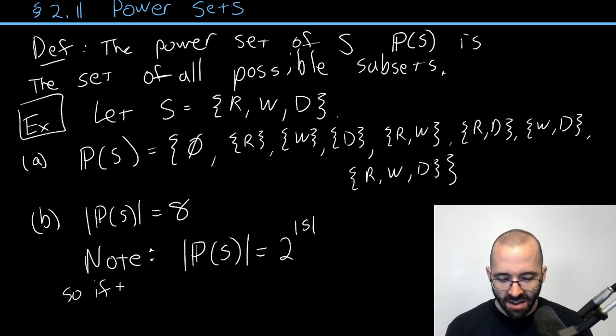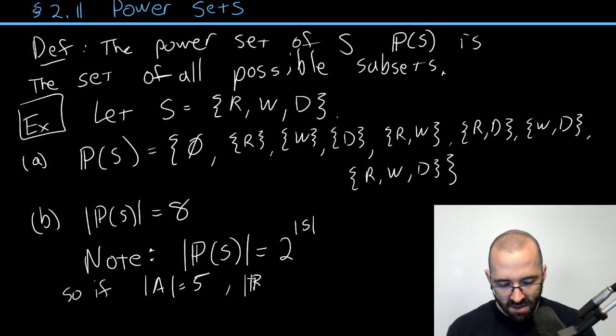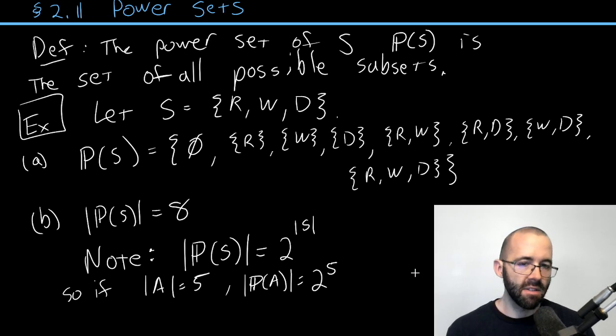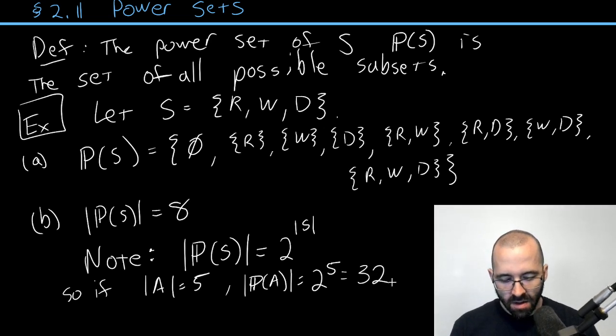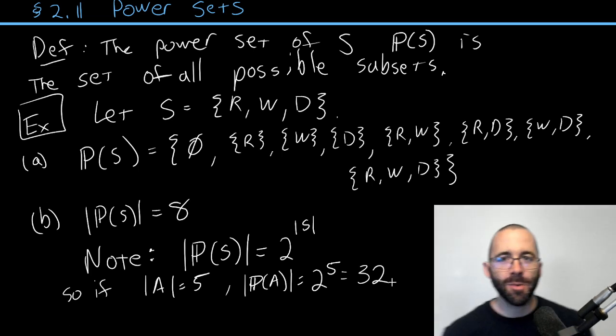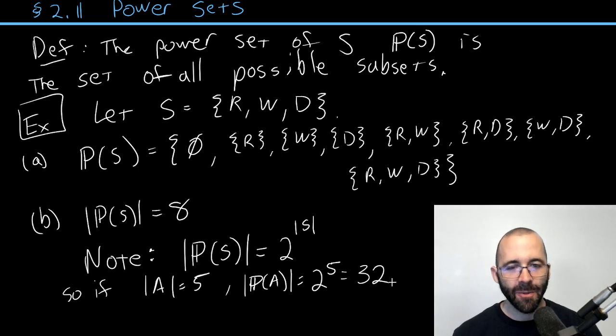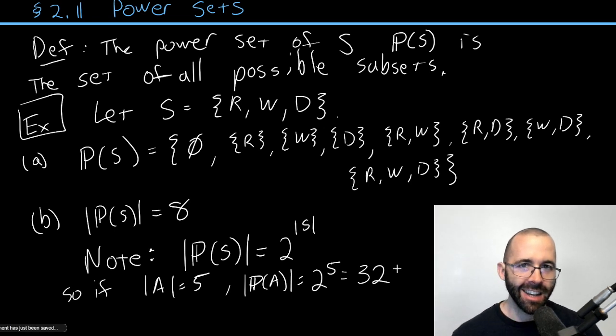So what that means is, if the size of some set A is 5, if A has 5 elements, the size of the power set of A will be 2 to the 5th, 32. Okay? And that's a fun little fact from combinatorics. And we're going to have a chapter on combinatorics later on in this class. So if you're curious where that comes from, get excited because we are going to talk about it later.